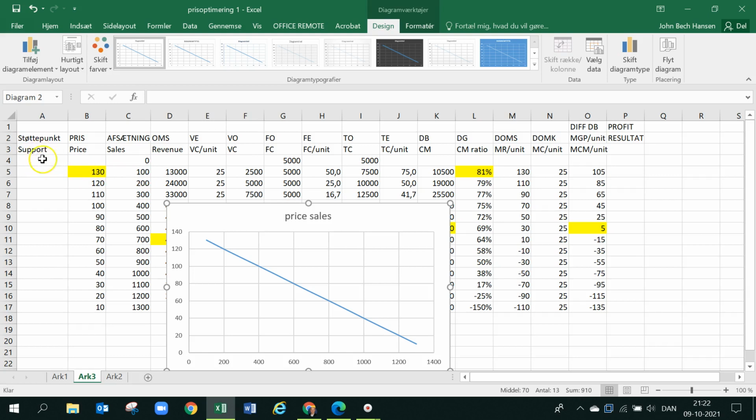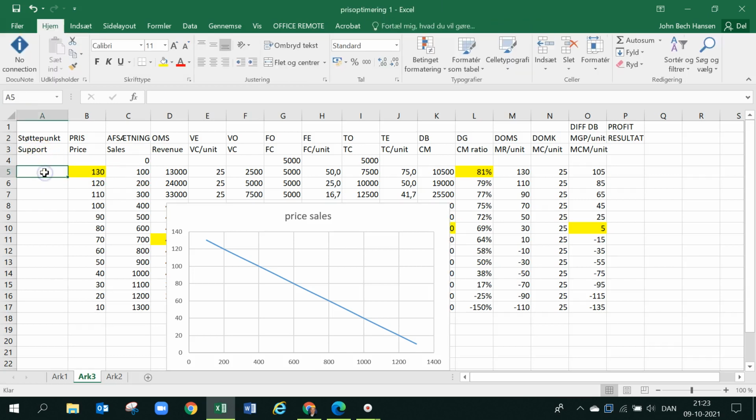So I have made these support values ready over here. And the middle between, I can just calculate them. The middle between 100 and 0 is, add them together and divide by 2. That's 50. And I can code that down. I know you can do that also in another way.